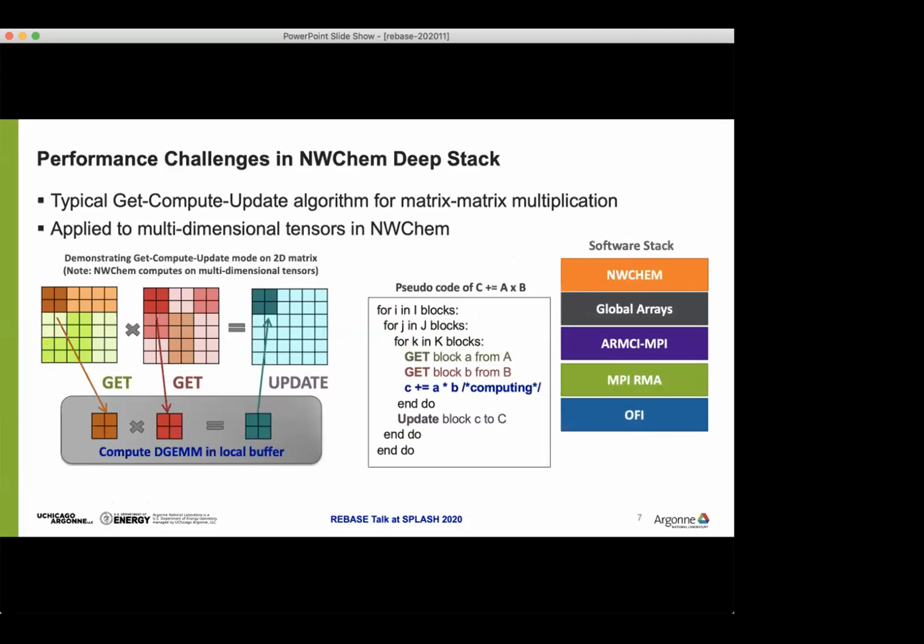Okay, perhaps this slide gives a better idea about the data layout. The layout of the data consists of subparts of the 2D array. Of course, for multi-dimensional tensors, it can be 3D, 4D and so on.